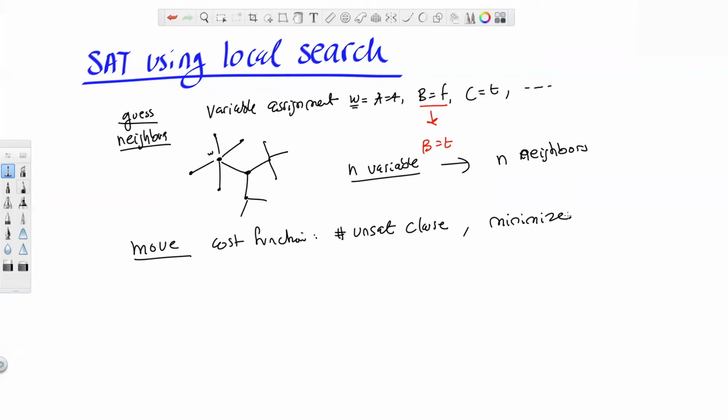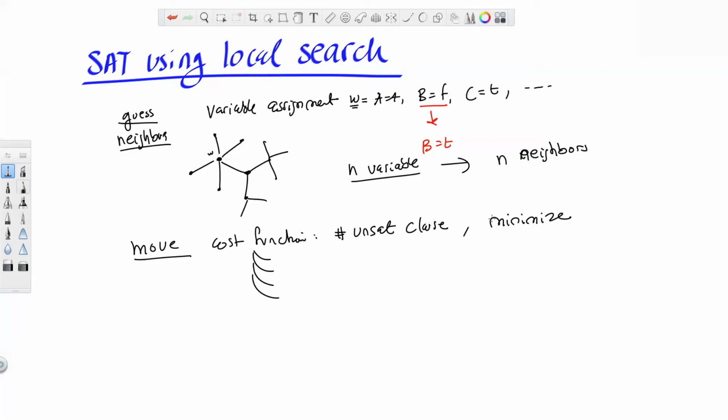Okay, so as far as using that, again, here things can get quite interesting. How do I use this to make a move? There are different variations and they lead to different algorithms. I'll just mention one of the simplest ones, and then I'll mention a few variations. The simplest one is what you'd expect. If you are here and the cost is not zero, that means there are some clauses that are still unsatisfied.